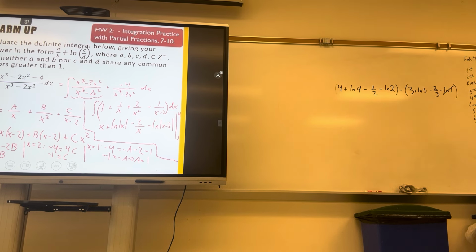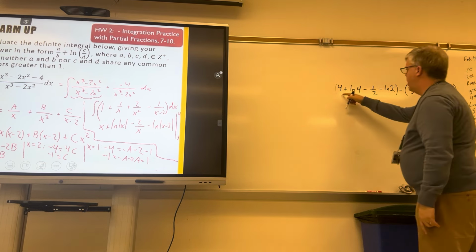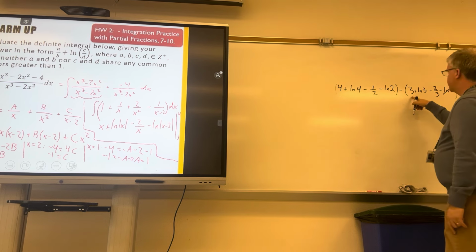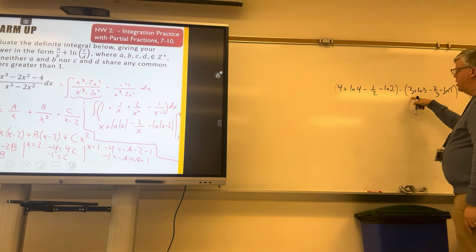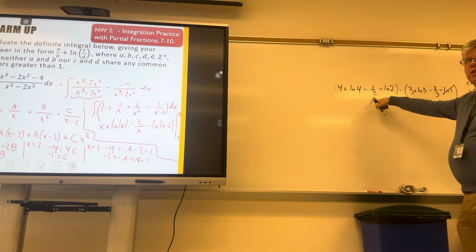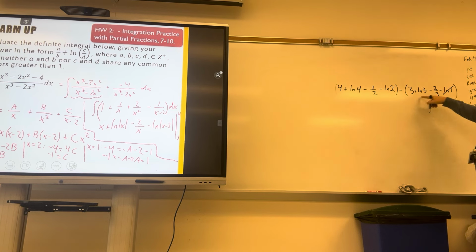Okay? Now you're going to combine all the non-ln terms and then all the ln terms, right? So the non-ln terms, we have 4 minus 3, so that would be 1, minus a half, so that would be a half, and then this is actually plus, because of this negative, plus 2/3.